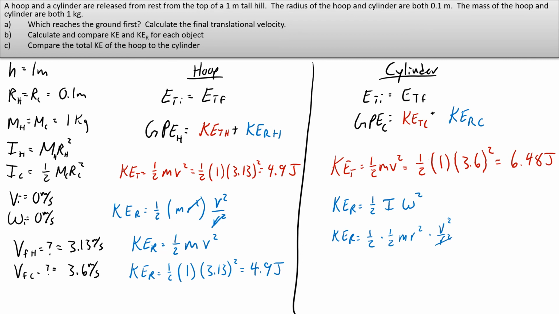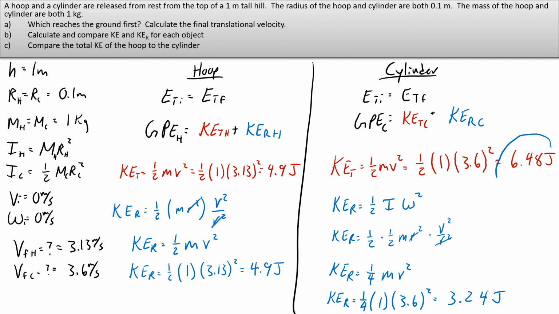You do get some canceling happening, and a similar looking equation. This is 1/4 mv squared, because the moment of inertia is different now. So you get 3.24 joules. That's the rotational kinetic energy. If we were going to compare, the cylinder has more translational kinetic energy than it does rotational kinetic energy. The hoop had the same amount.